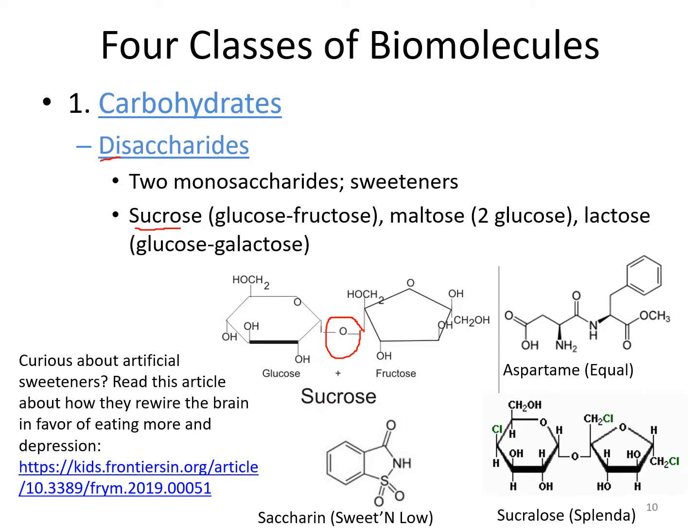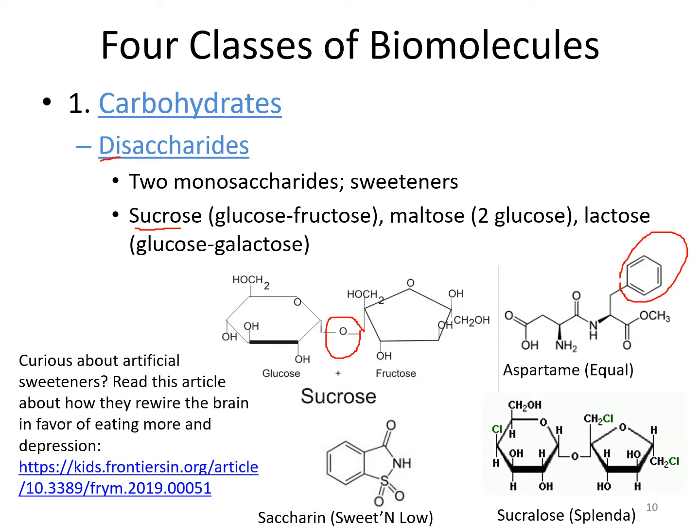I also have on this slide a couple examples of artificial sweeteners, right? So sweeteners that can be made in the lab. In general, these things work as sweeteners because they have some component of the molecule that binds to our taste buds, the receptors in our taste buds, and essentially tricks those receptors into sending a message to the brain that, hey, this food tastes really sweet.